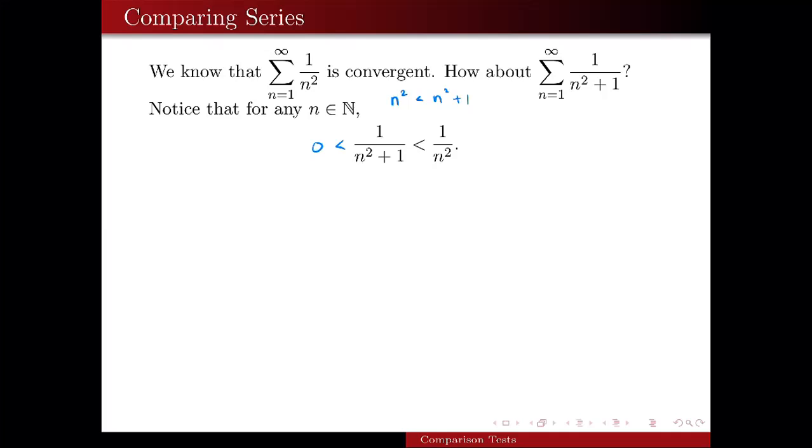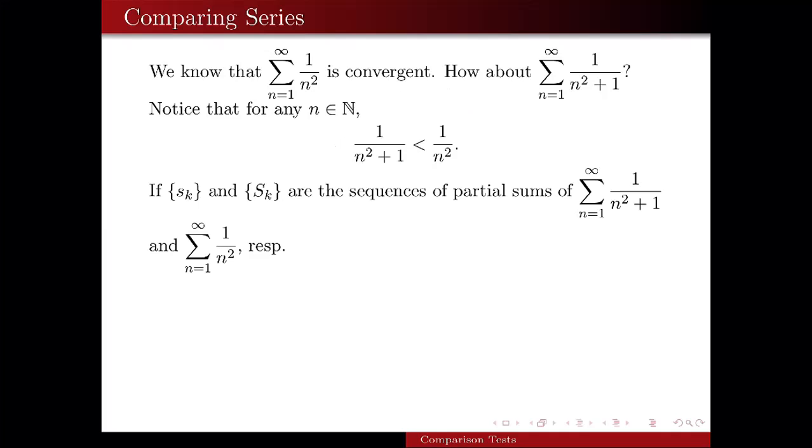So now, suppose we let small s_k and capital S_k be the sequences of partial sums of these two series, respectively. For this one, you will denote the partial sums by small s_k. For this one, you will denote the partial sums by capital S_k.